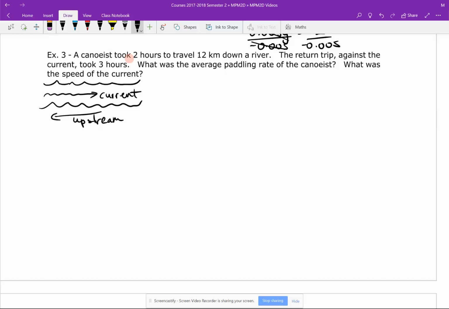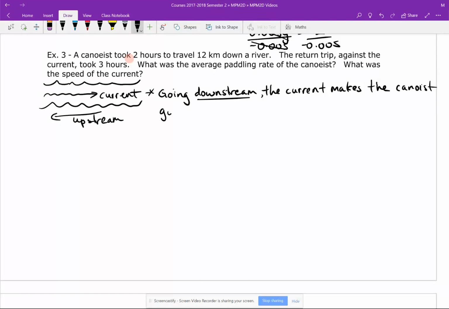Okay. So let's write this down. So a little star here. So, little kind of science lesson for you here, a physics lesson. So going downstream, the current makes the canoeist go faster because the current is helping you, pushing you along.